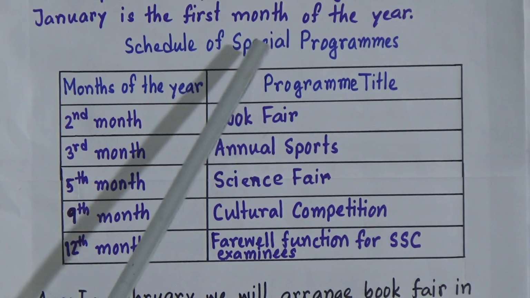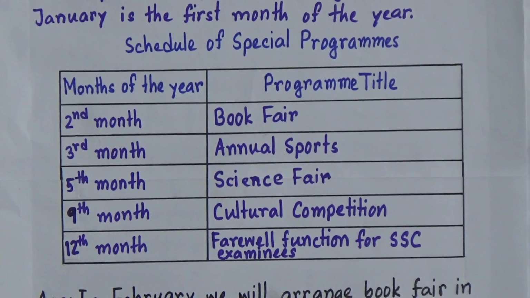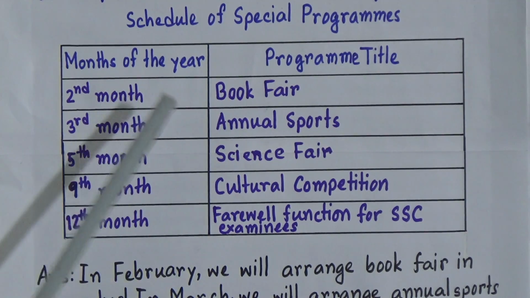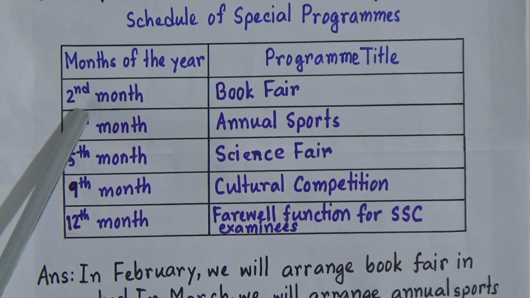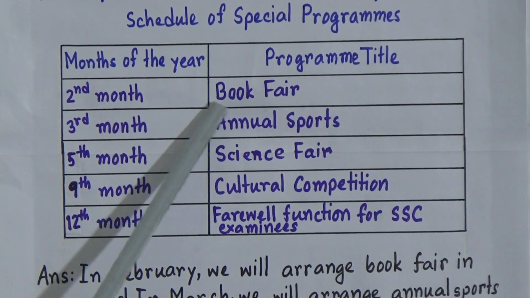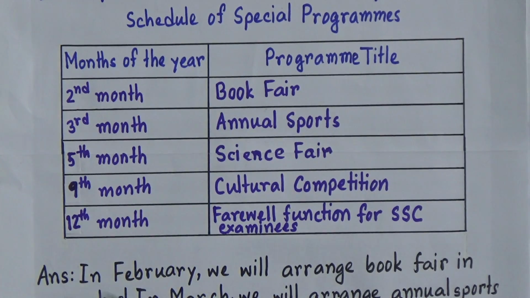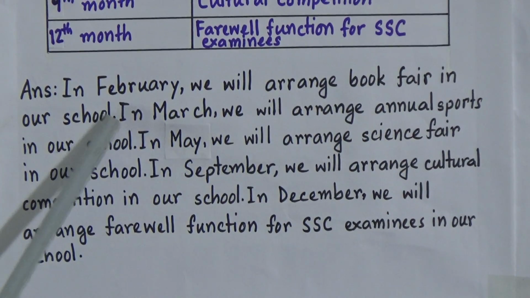So this is the program schedule and we will use it in our writings, and we will write 5 sentences by using this program schedule. At first we need to focus on the month of the year, and we all know that the second month of the year is February, and in February there will be book fair. So our first sentence is, in February we will arrange book fair in our school.